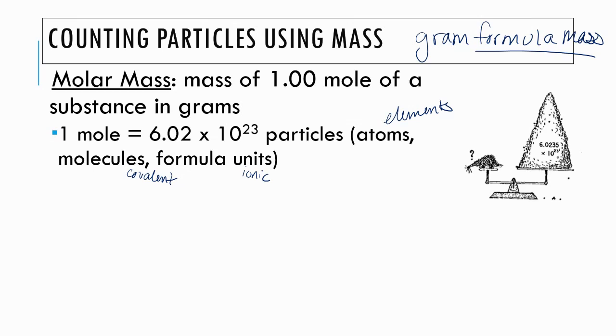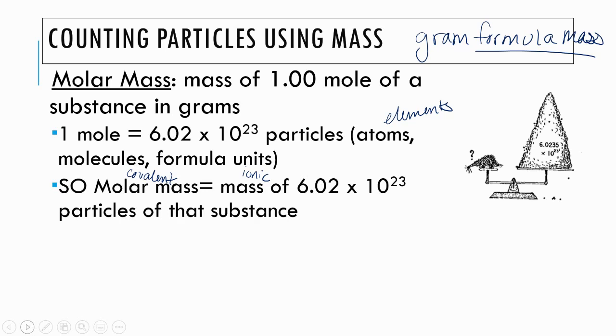But 1 mole is equivalent to that many pieces, so the molar mass is the mass in grams of that many particles. So this allows us to use the property of mass. I can measure the mass of a particular substance and use this relationship to determine how many particles there are.